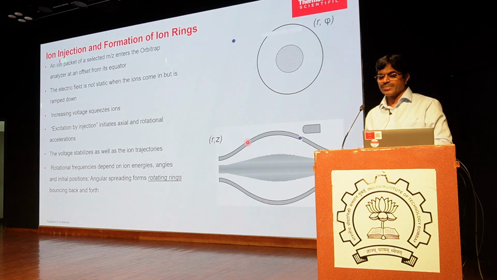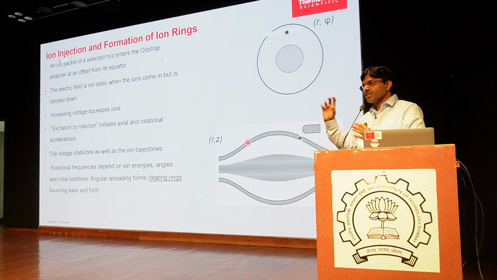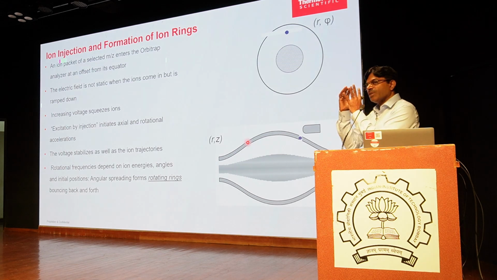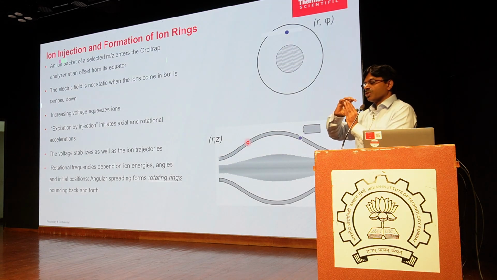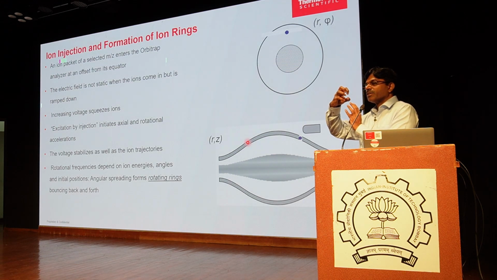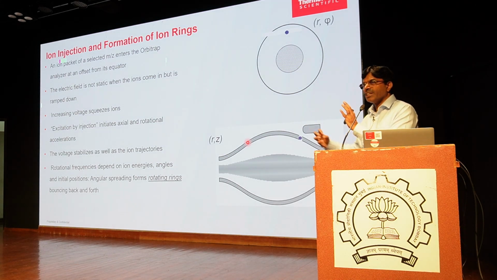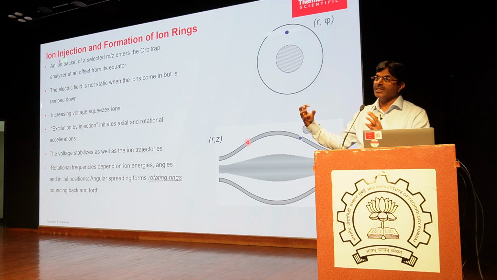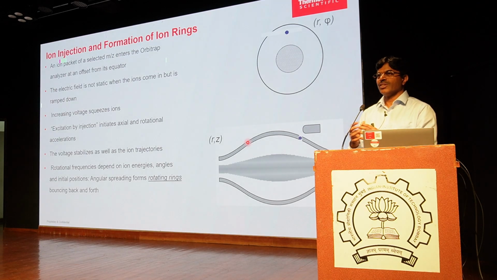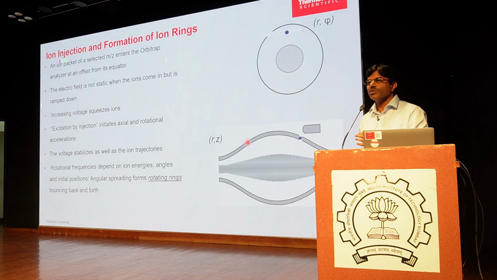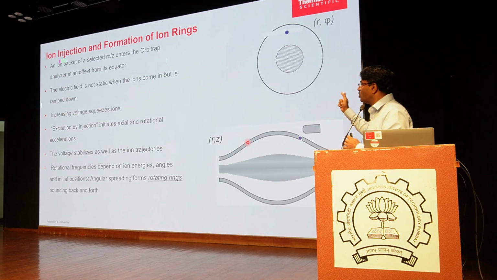So we ramp the voltage of this central electrode so that the ions are attracted, but they have a certain centrifugal force. Like Earth is rotating around the sun, but Earth is not going inside the sun. It has its own centrifugal force, which compensates the voltage.